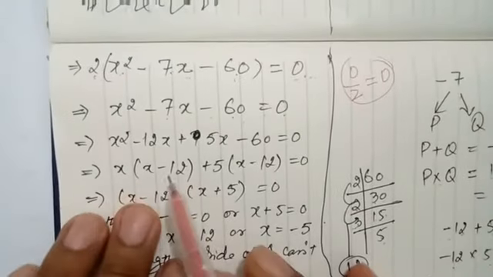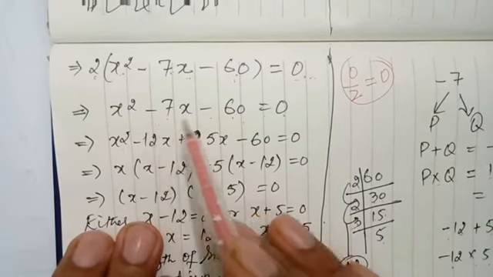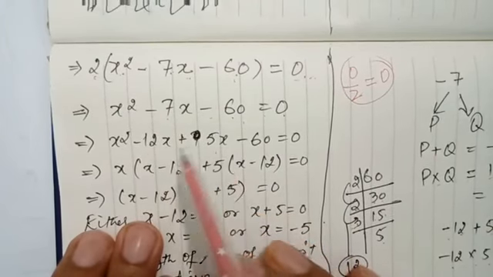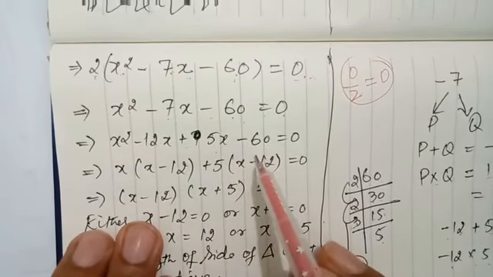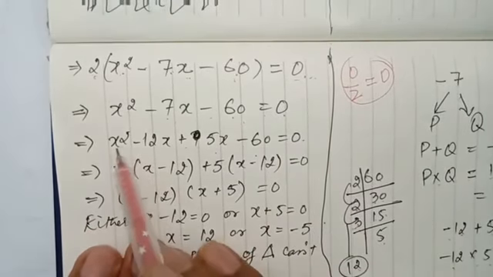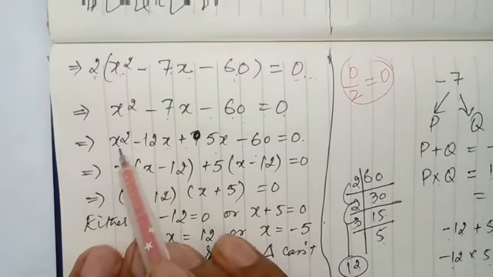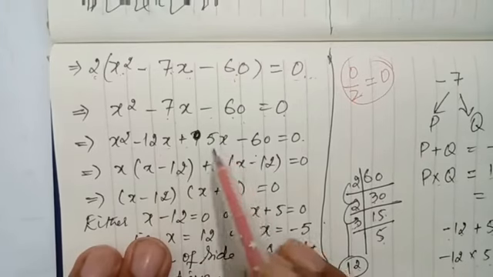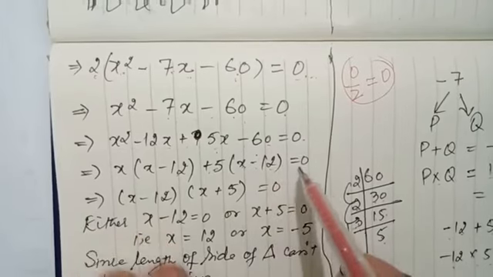Now I can write x square, and instead of minus 7x I can write minus 12x plus 5x, because that is also minus 7x, then minus 60 equals 0. Among the first two terms I will take x common, and x minus 12 will remain. Between the next two terms I will take 5 common, and x minus 12 will remain, which is equal to 0.